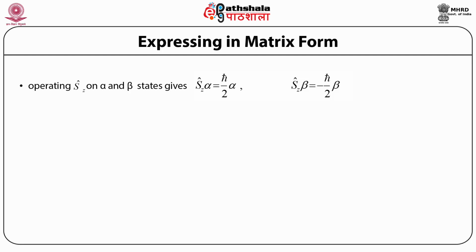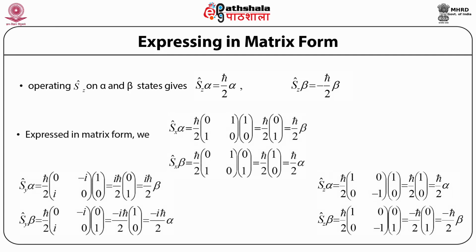Similarly, the z component of the spin operator acting on the eigenstate beta, that is the spin down state, gives minus h cross by 2 times beta, where minus h cross by 2 is the eigenvalue and beta is the corresponding eigenstate. So now, after having defined the x, the y and the z components of the spin operator, we can finally write down these operators in the matrix form.